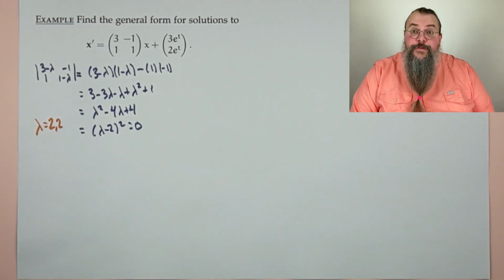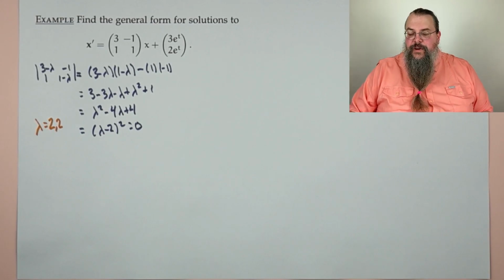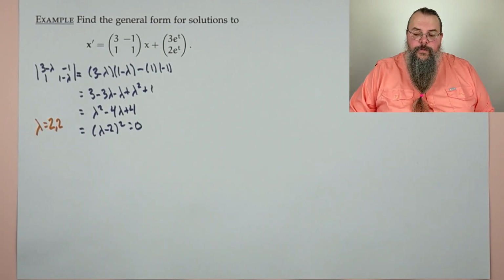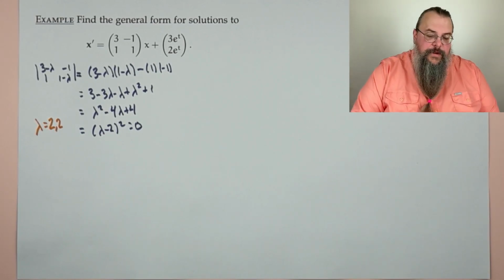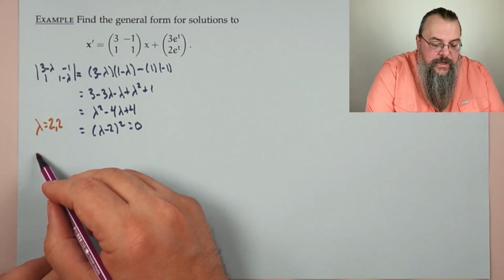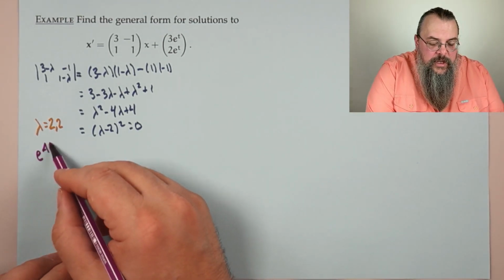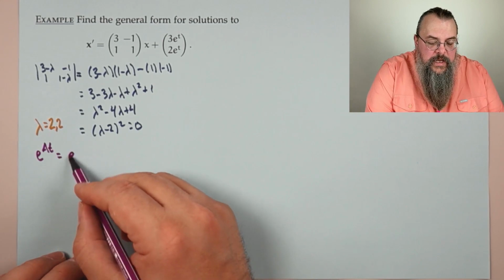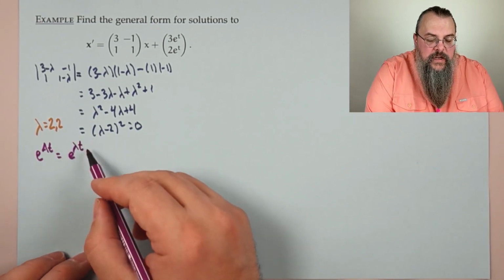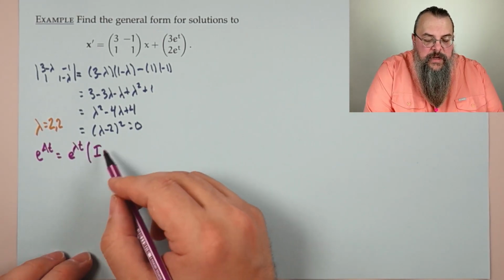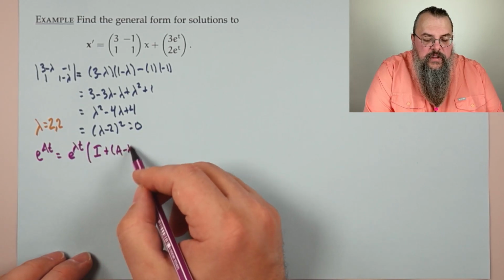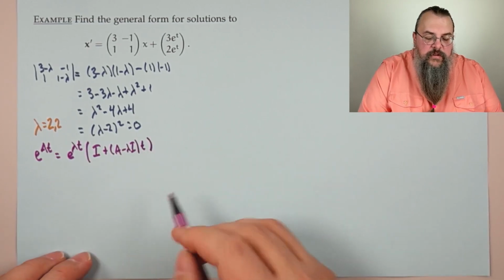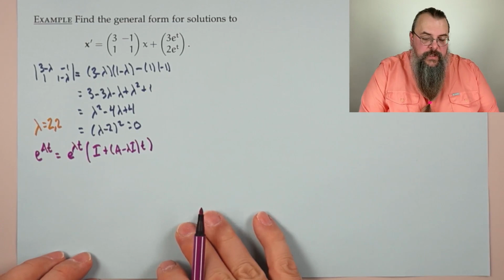Well, use matrix exponentials. Our matrix exponential e to the At is going to be e to the lambda t times the identity matrix plus A minus lambda I times t. So that's a formula we know.